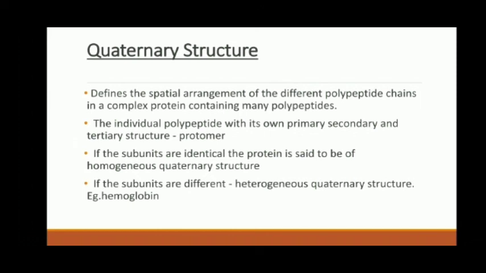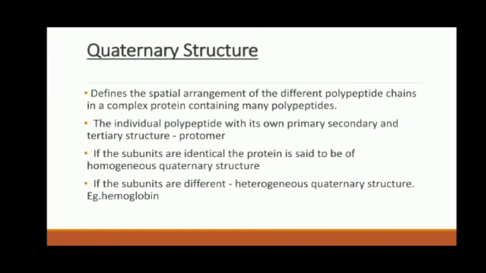In hemoglobin, the subunits are different, so it is said to be a heterogeneous quaternary structure. For example, in hemoglobin there are 4 polypeptide chains: 2 alpha chains and 2 beta chains. All the 4 globins are connected to a centrally located heme molecule to form a functional hemoglobin.